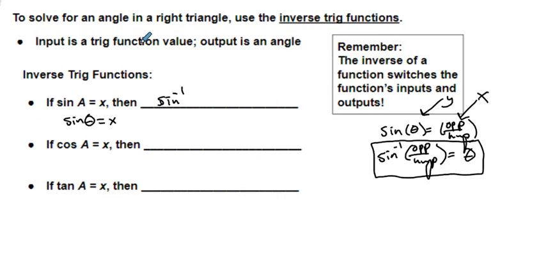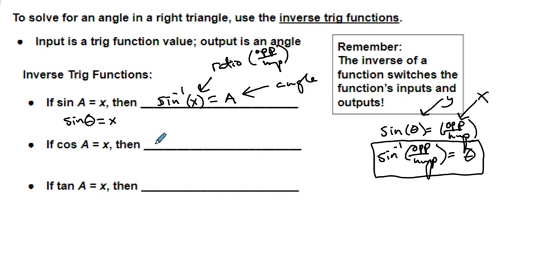So when we're doing this, the arcsine, we flip them around. We're going to put x here. So the inverse sine of x, which is going to be your ratio, is equal to A, which is your angle. In this case your ratio would be opposite over hypotenuse, and then this would be your angle.